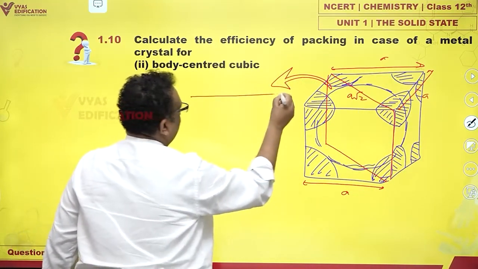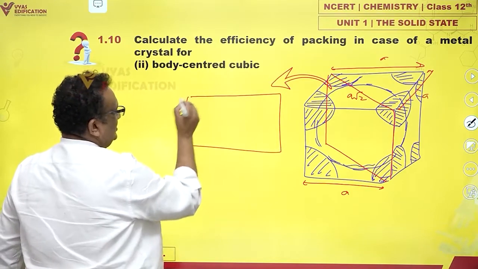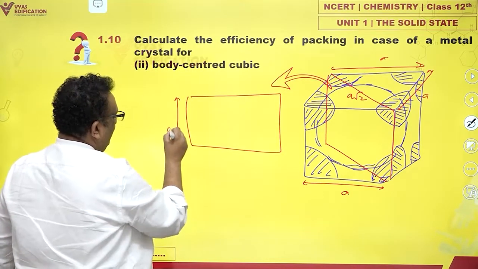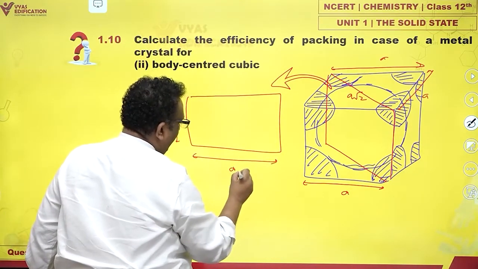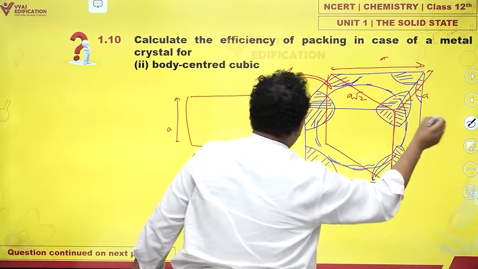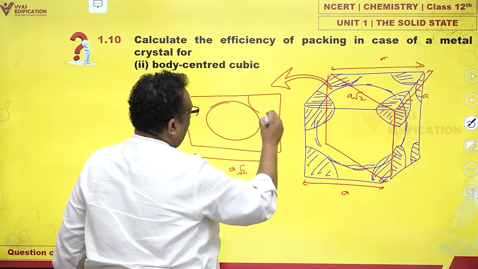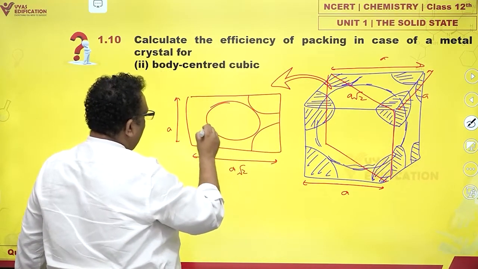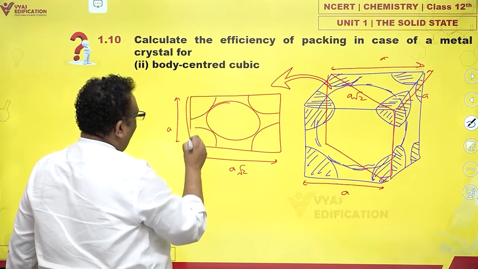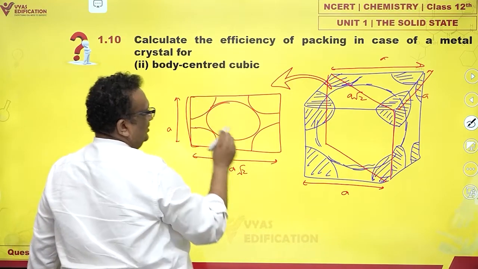I'll draw that for you. This side is A and this side is A root 2. And I have a huge central sphere and I have corners which are clearly and happily and lovingly touching it like this.